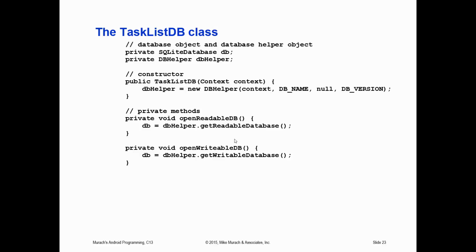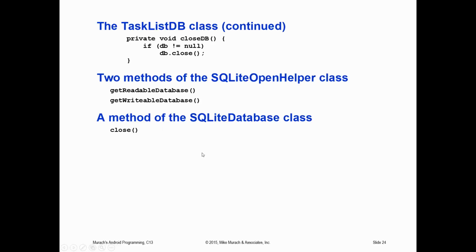Following that, we've got the open readable DB method that calls the get readable database method from the DB helper object to return an SQLite object with a read-only connection. Since it's read-only, of course, you can't write data to it. Then we've got an open writable DB method. This returns an SQLite database object for a read-write connection, so you can either read the data or write the data.